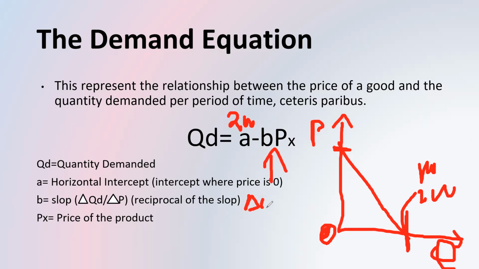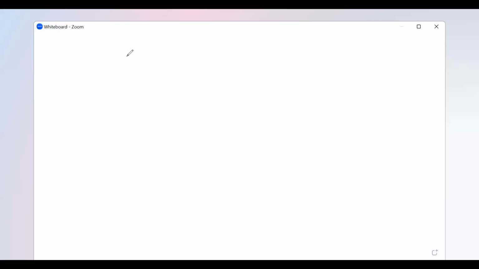Delta Q divided by delta P. Delta Q means change of Q divided by change of P. For example, if we explain by using a new window, this is the demand equation: A minus BP equals QD.